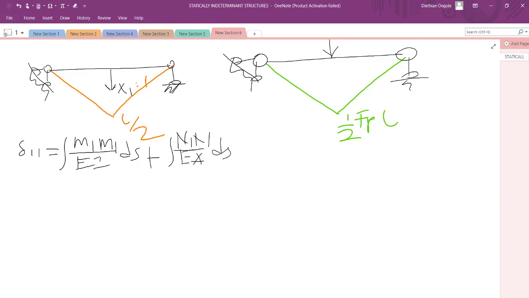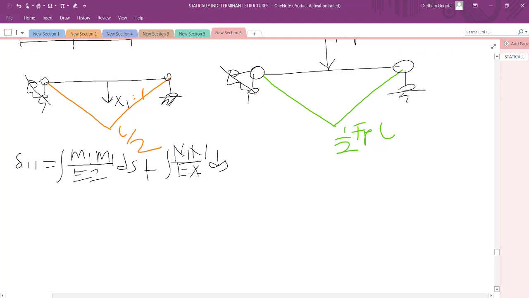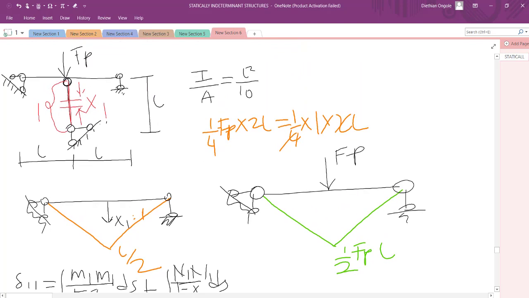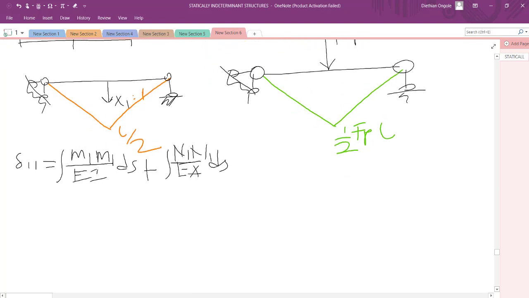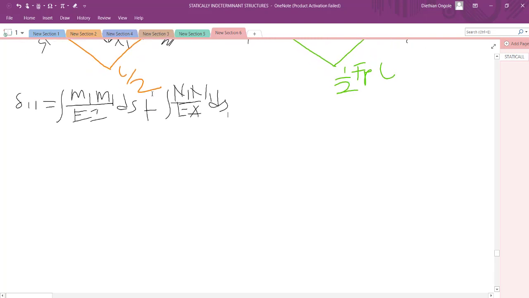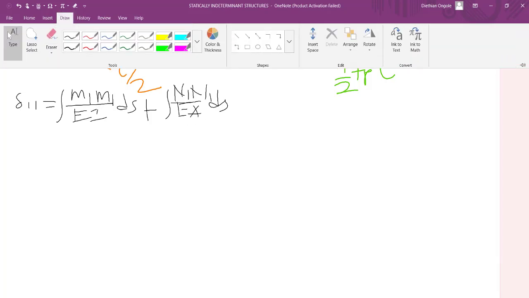So here we have the integral of the moment and the integral of the unit forces. That is because under the action of the unit force, we have an axial force x1 that still exists in this axial force member. Under the action of the same force x1, we also have a moment created on the beam. So delta 11 has components of the moment and the axial force. So we move on with the calculation.